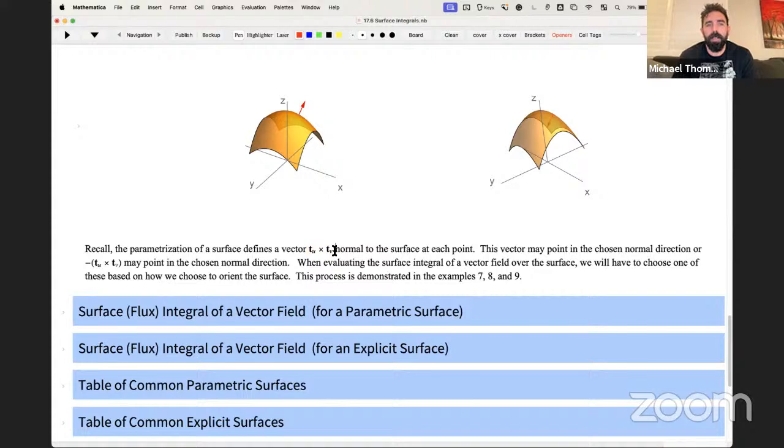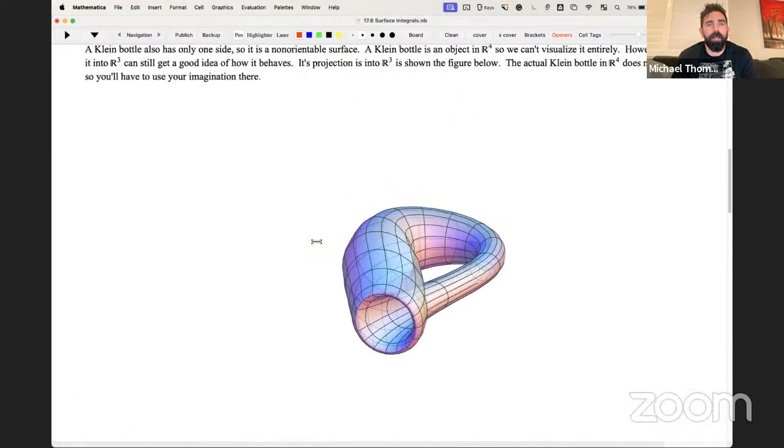So either your normal direction is going to point in this direction, or it's going to point in the negative direction. Those are both vectors. When evaluating a surface integral, we're going to have to choose how to orient the surface. We'll see that in examples 7, 8, and 9.